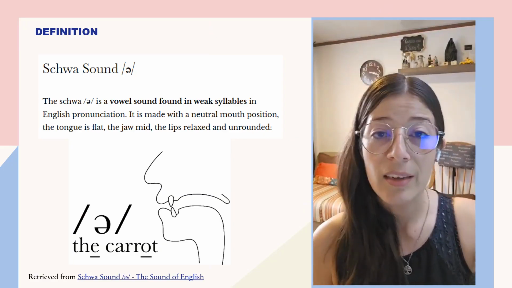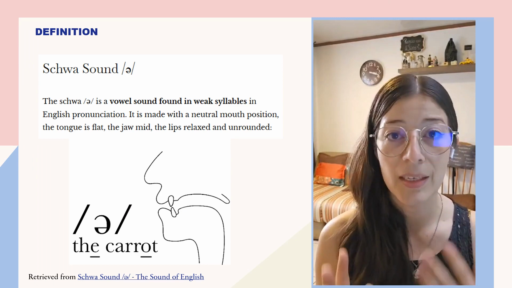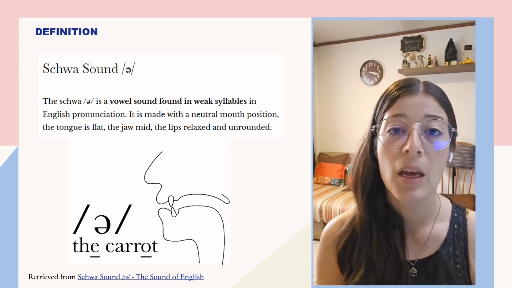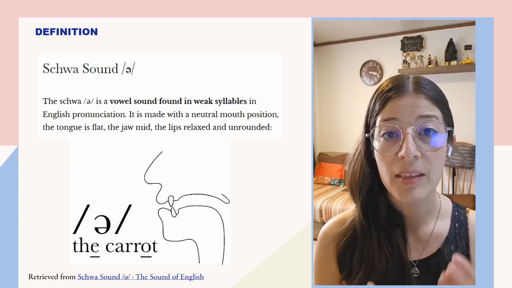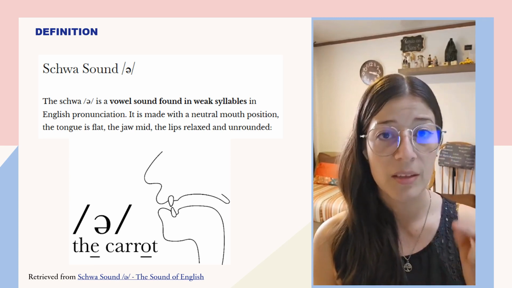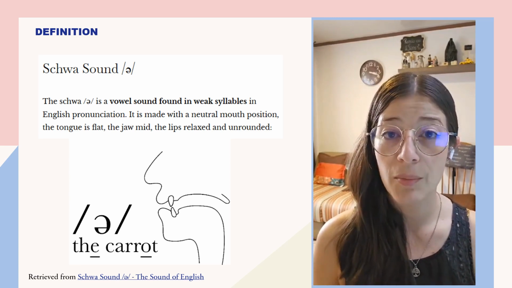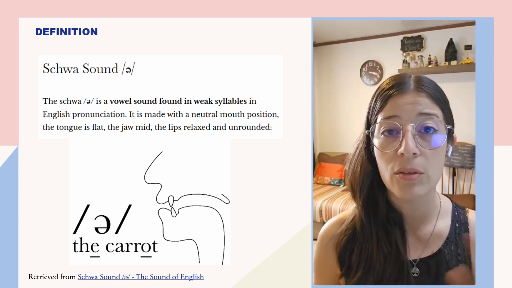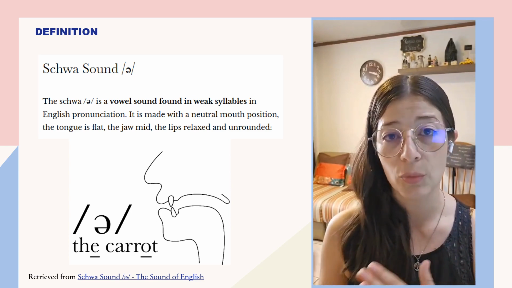The schwa is a vowel sound that we find in many or most English words. However, this sound is going to be present in the unstressed syllables of the word. Remember last week we were talking about stressed syllables, unstressed syllables, stressed words, and unstressed words.